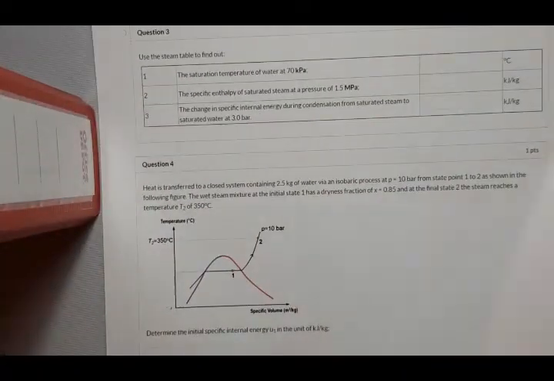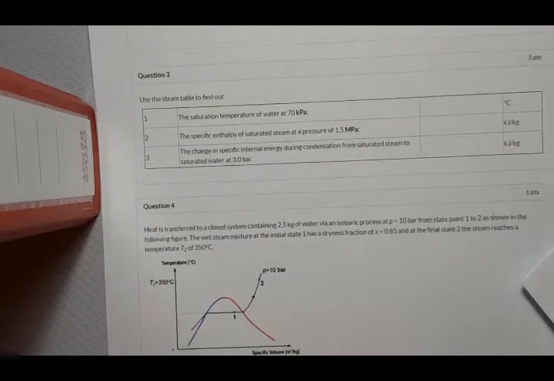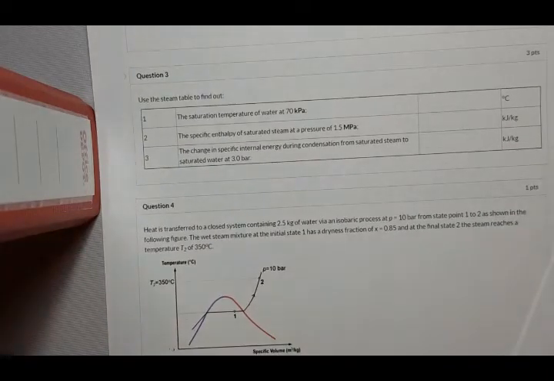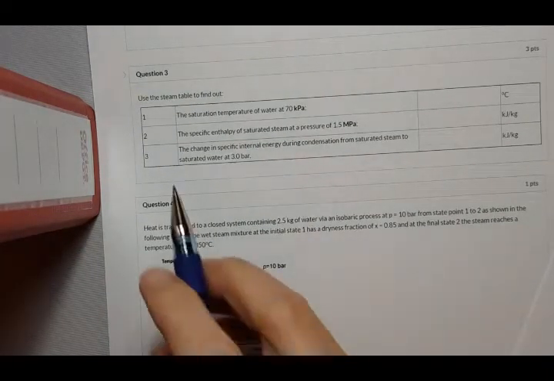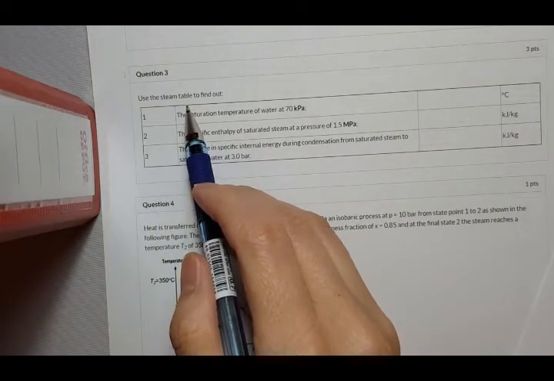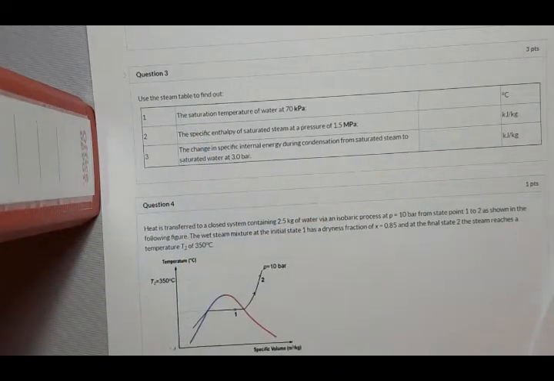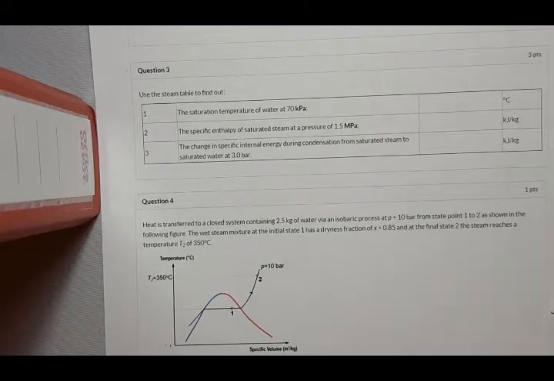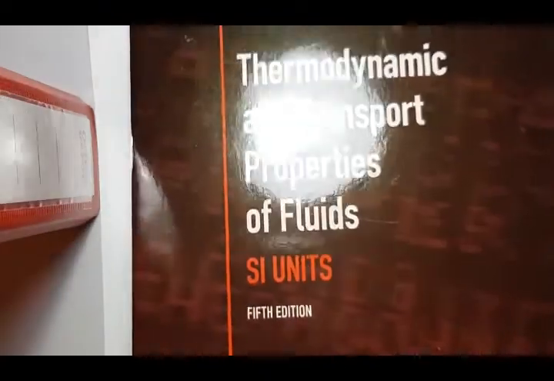And for question 3, we're going to solve some questions regarding the properties of the water and the steam. When I say use a steam table, what I mean is this booklet.